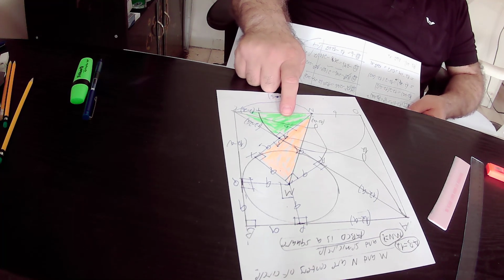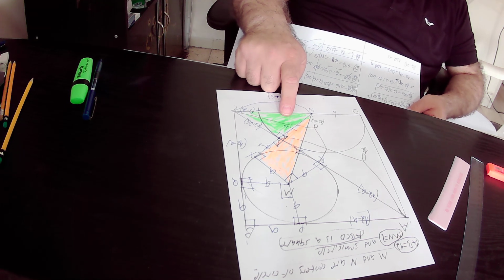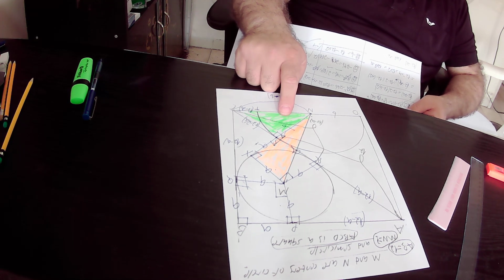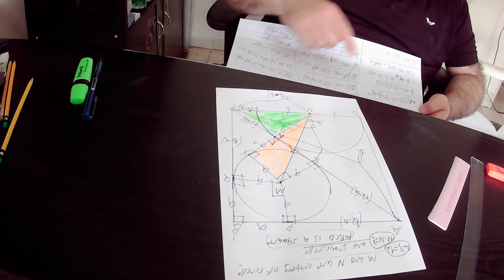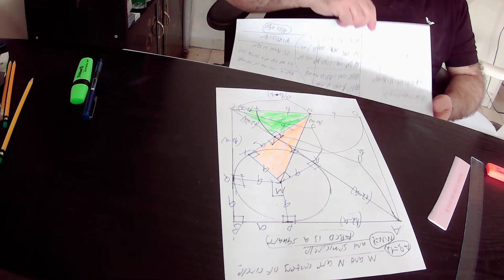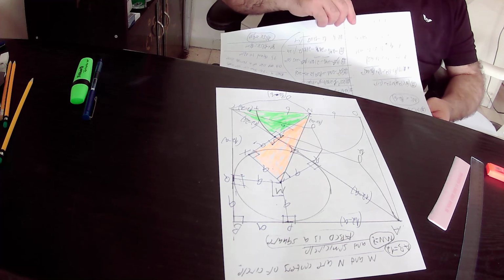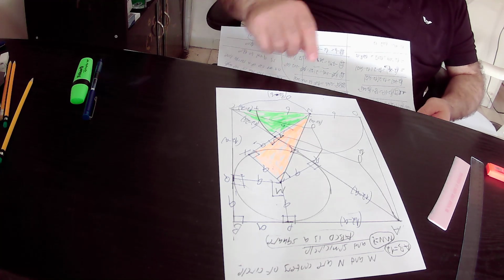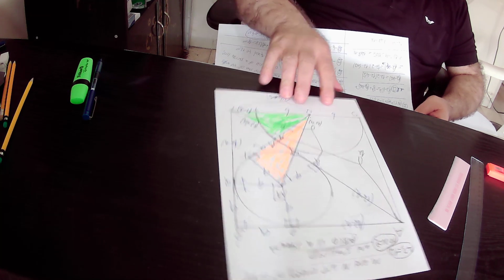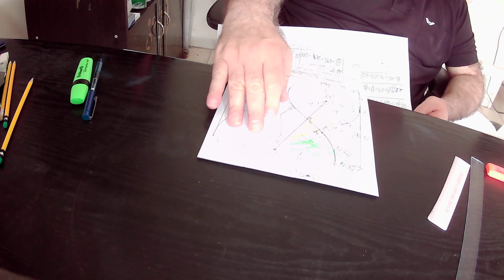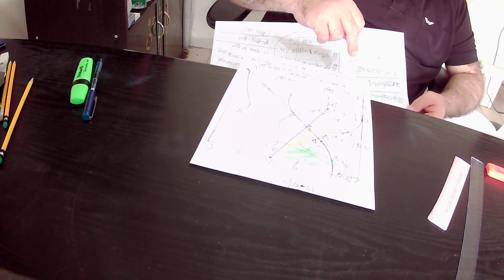We can implement the Pythagoras theorem on the green right triangle, triangle NSC. According to the Pythagoras theorem, the square of the hypotenuse equals the sum of the squares of the perpendiculars. But we found out the value of NC, that is the hypotenuse of the green triangle.